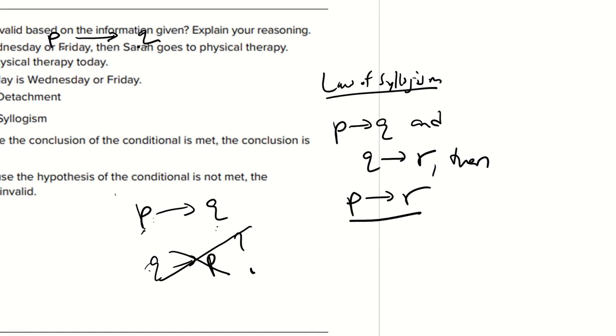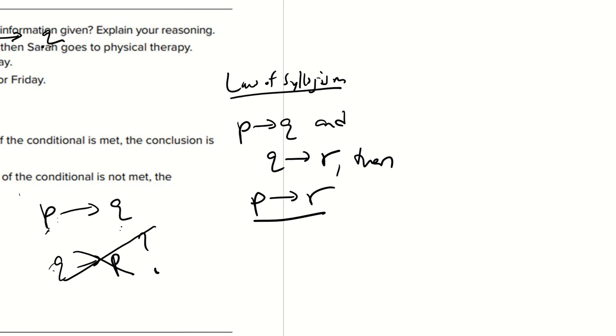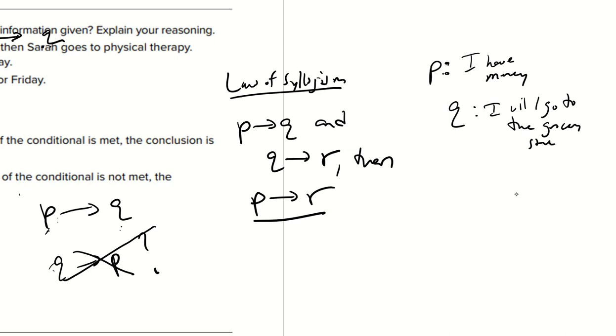So for example, if P is I have enough money, and then Q is I will go to the grocery store, and R is I will go to the movies.